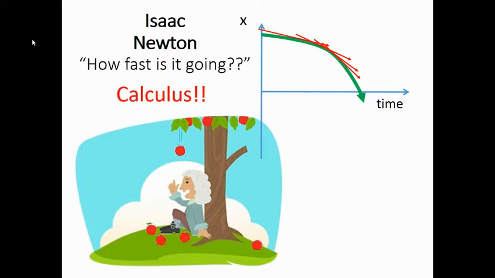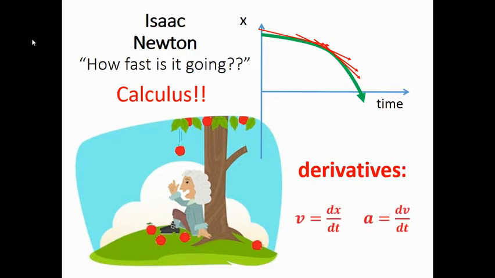The first part of calculus is primarily interested with describing rates of change using something we call a derivative. If you're in calculus, you probably notice that the velocity is the rate of change of position, or the derivative of position with respect to time. And the acceleration, the rate of change of velocity, is equal to the derivative of the velocity with respect to time.